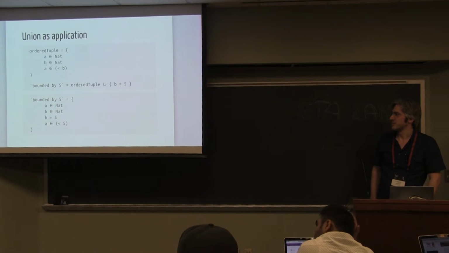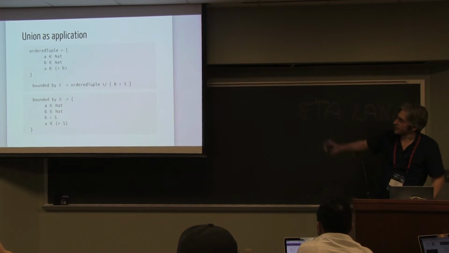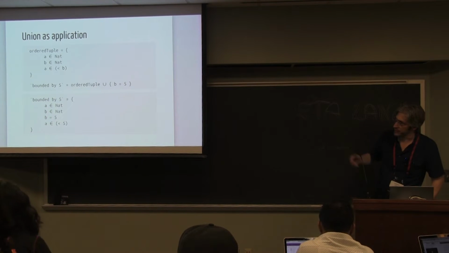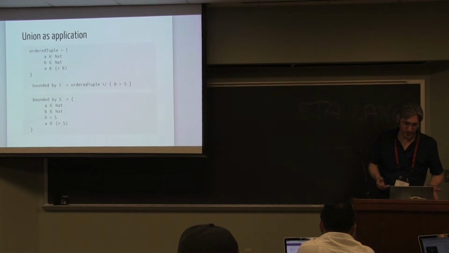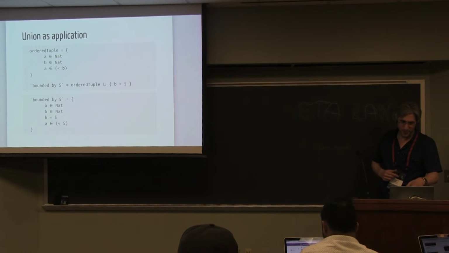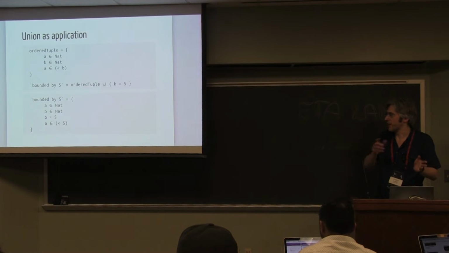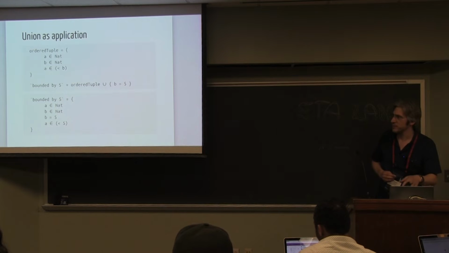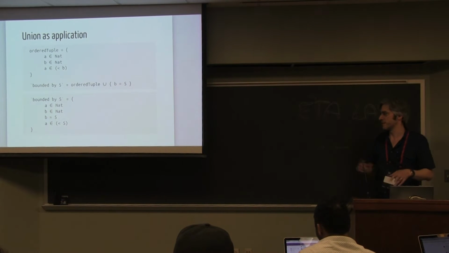There's no order there. You could add them in any order. It just needs to find it. You are adding a reference. So when you say b equals 5, that's fine. You don't need to have b equals nat beforehand because you're adding b equals 5. That's fine. But when you say a is smaller than b, obviously b is a reference, so it's on the right hand side.